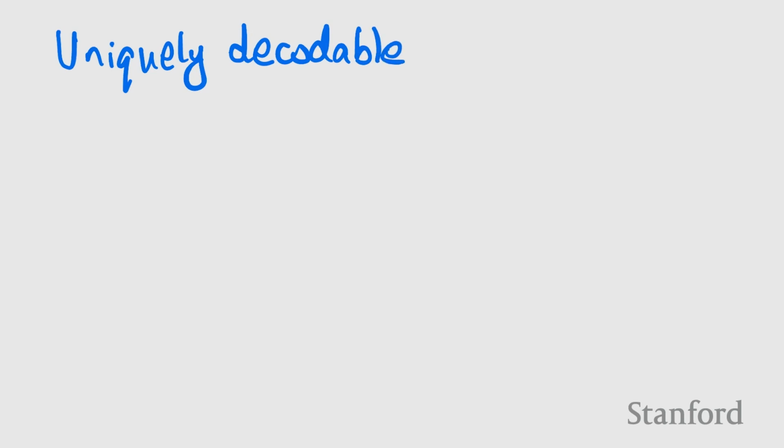Okay. So we will define something called a uniquely decodable code, and it's a very simple definition.